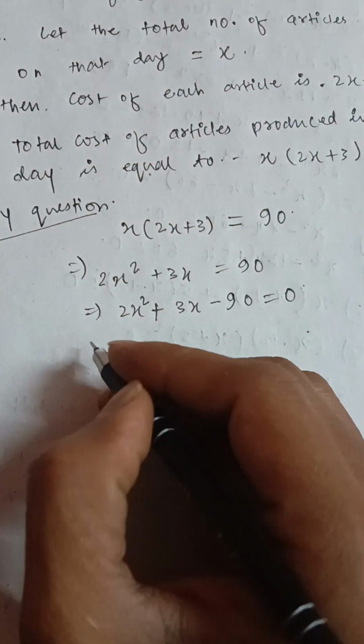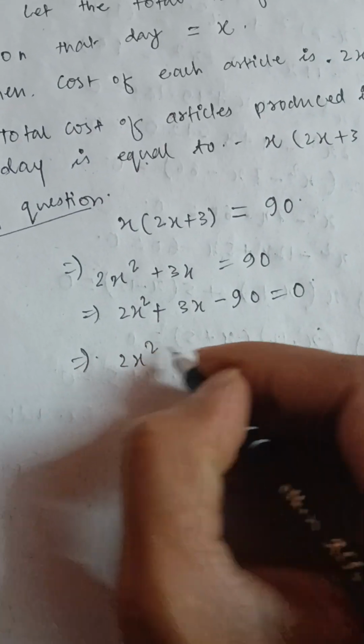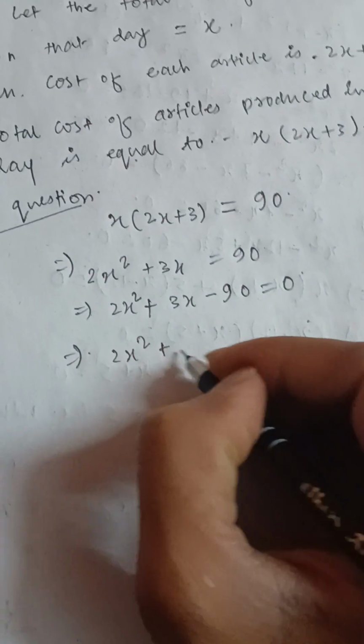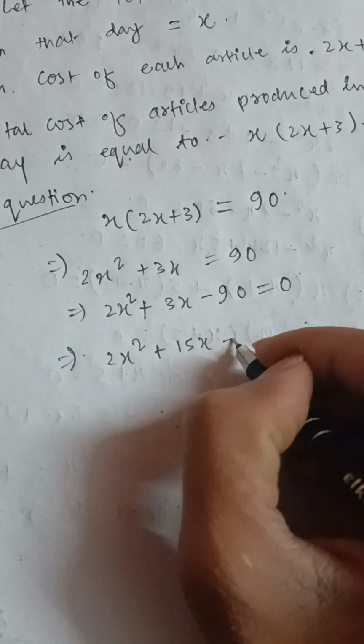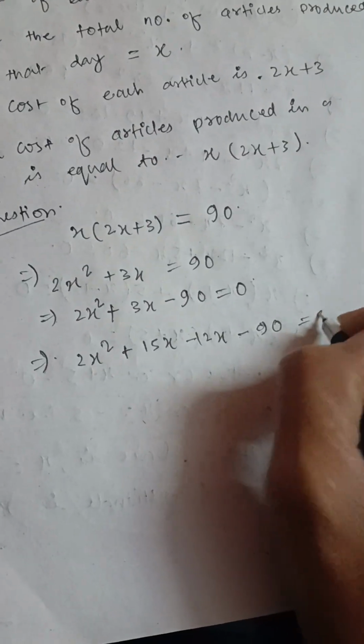And we split the term: 2x square plus 15x minus 12x minus 90 equal to 0.